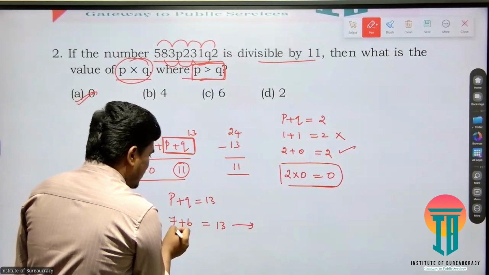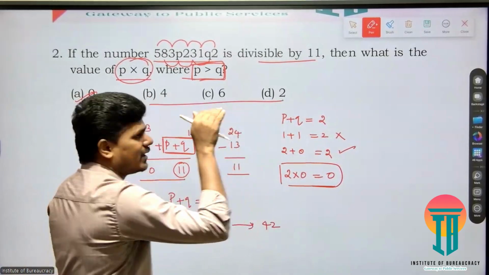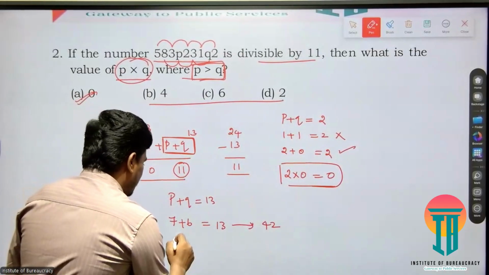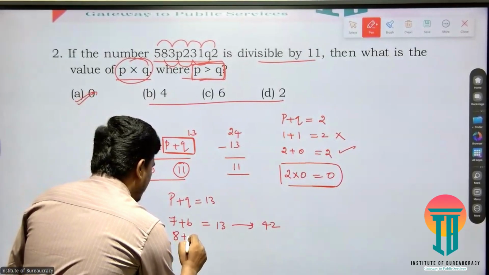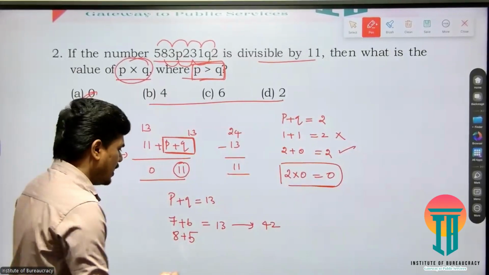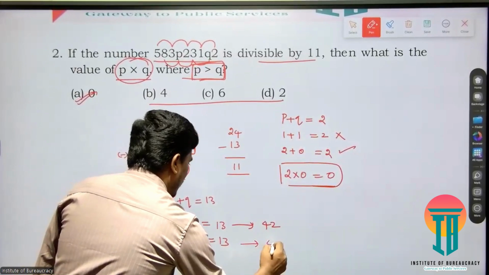But if we multiply these two numbers, it is going to be 42. They have given only single digit values in the options here. And there is another possibility also: you can take 8 plus 5. 8 plus 5 is also 13. But if you multiply, it is going to be 40.